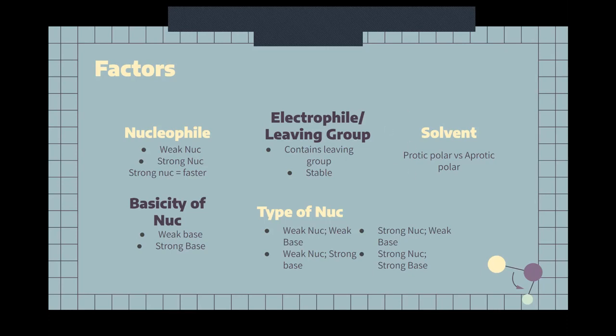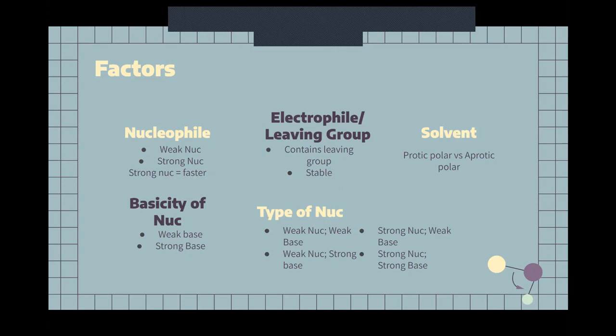This will also play a big role in your tests when you have questions that revolve around solvents. And not only can a nucleophile be weak or strong, they can also be weak or strong bases. A weak base really needs the H, so it's very unstable, like the weak nucleophile. A strong base could be a strong nucleophile, and it could also be a weak nucleophile.